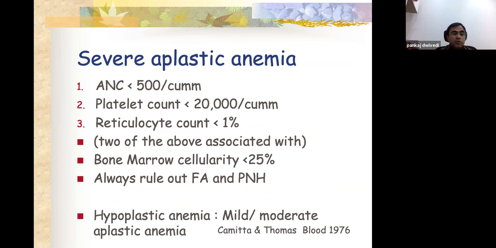Now, whenever you are dealing with severe aplastic anemia, you have to rule out two things: Fanconi anemia and PNH. Sometimes only PNH clones may be there with aplastic anemia, and sometimes you are dealing mainly with paroxysmal nocturnal hemoglobinuria. So you have to differentiate Fanconi anemia and PNH whenever you are diagnosing severe aplastic anemia. We will see how we diagnose that.